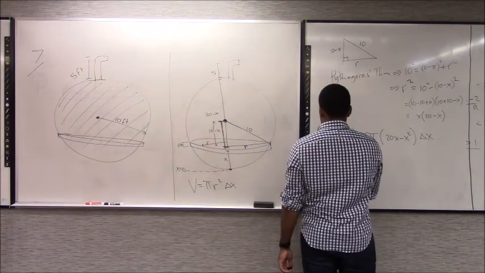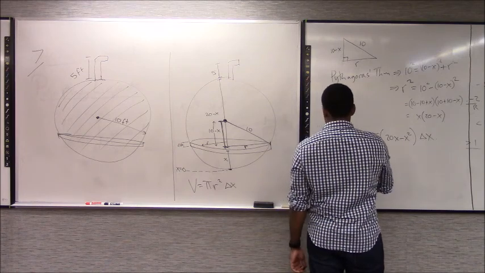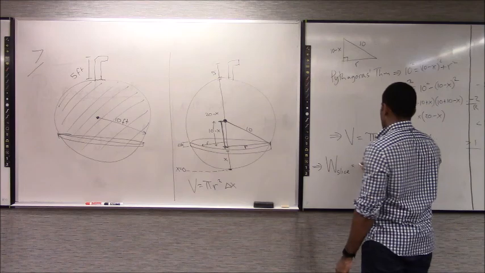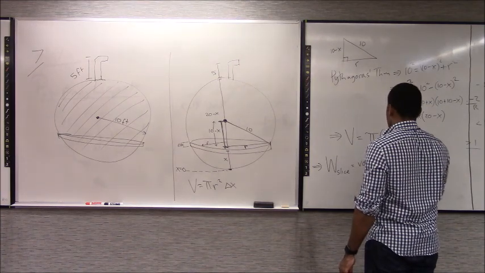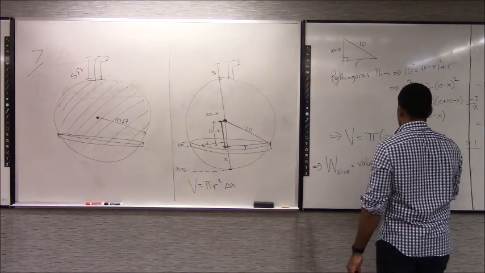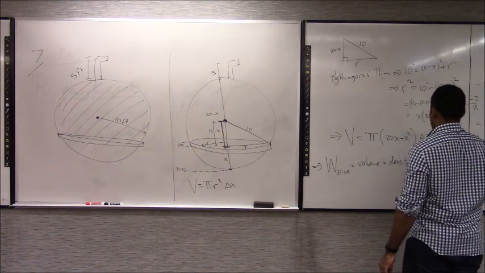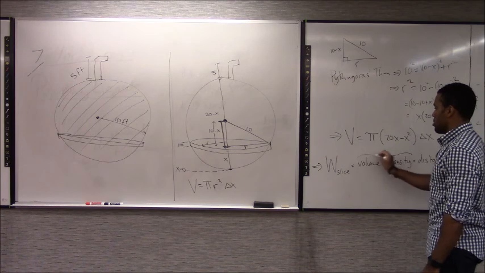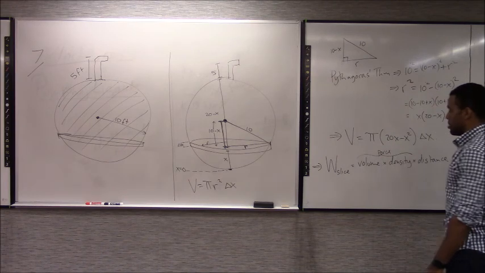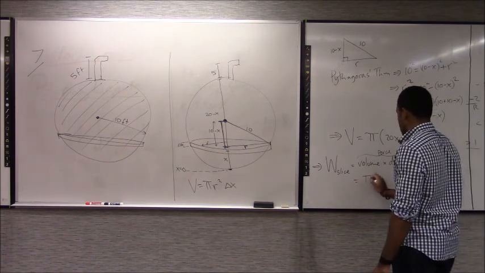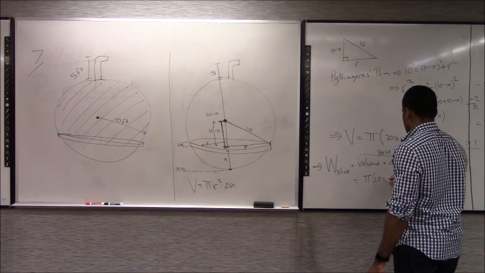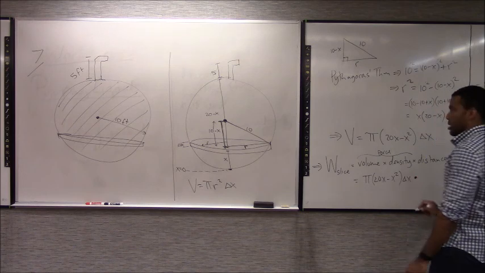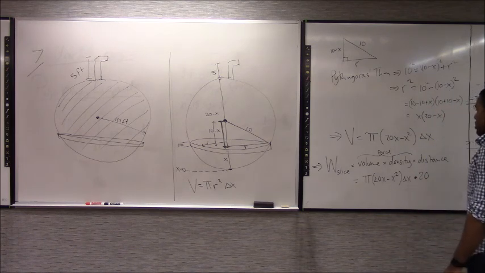So this means that the work to move this slice of liquid is going to be volume times density times distance. Because this volume times density is how I'm thinking of force. Work is force times distance. So the volume is going to be pi r squared delta x. The density, I was told, is 20 pounds per cubic foot.